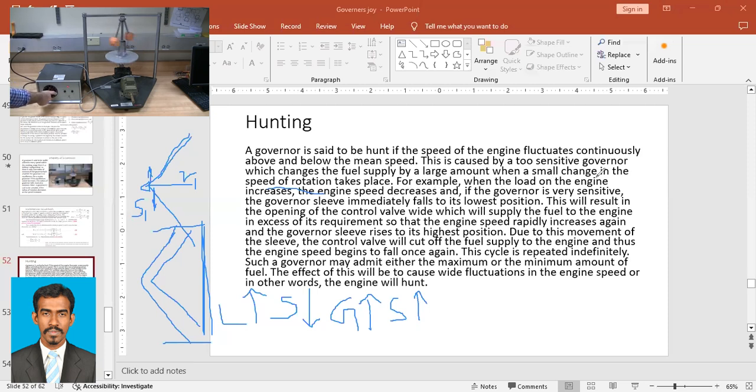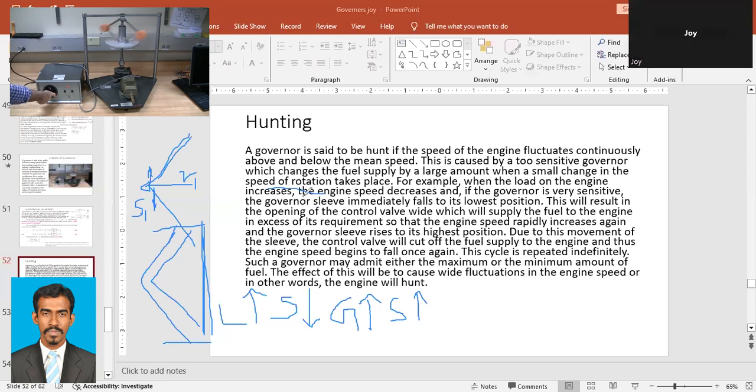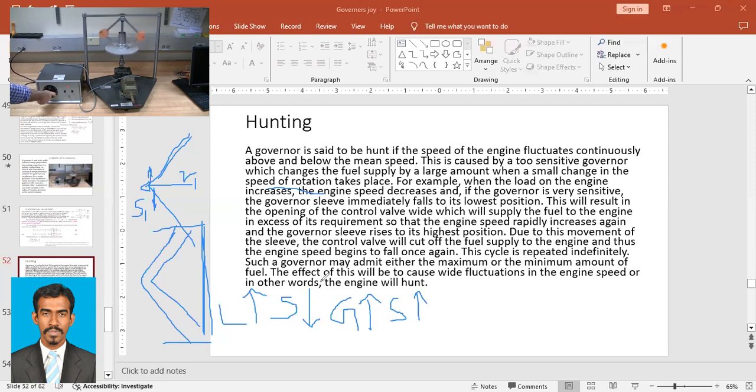But suppose the engine speed decreases immediately. You see here, when the load increases, engine speed decreases. This is the usual phenomenon with a normal governor, but if the governor is too sensitive, what will happen? It will supply much more fuel than the required amount.